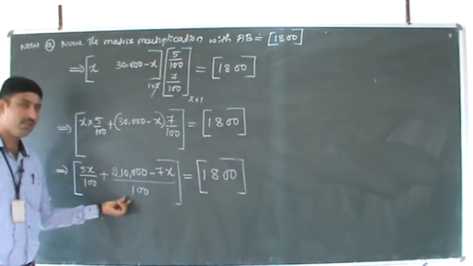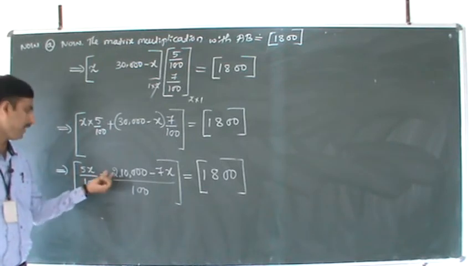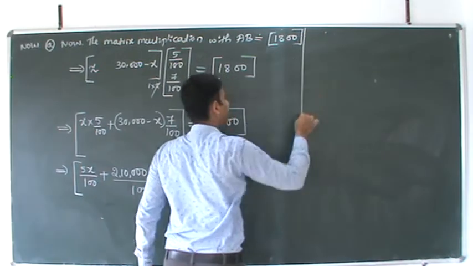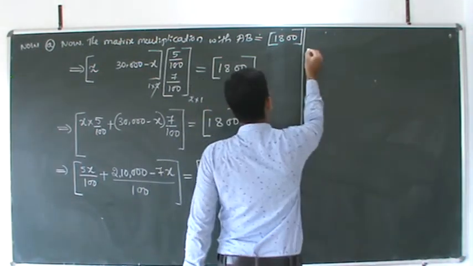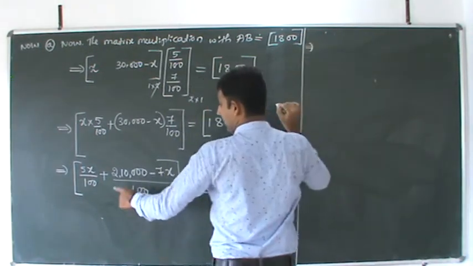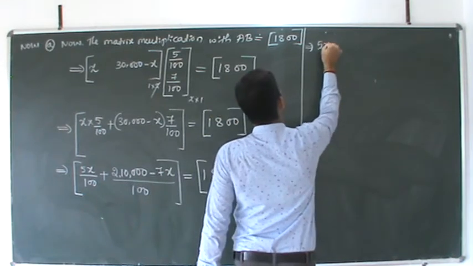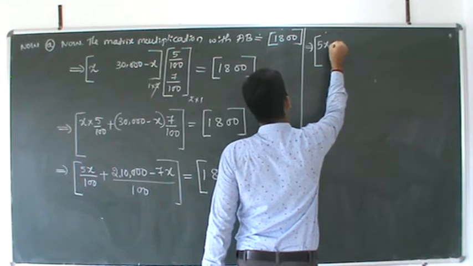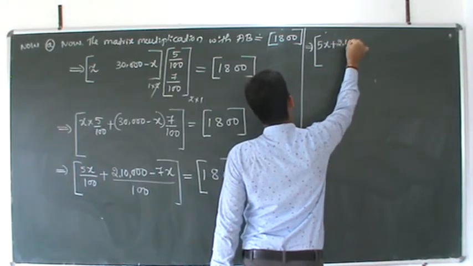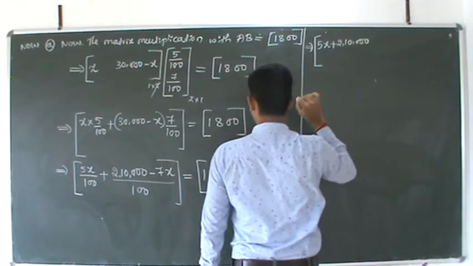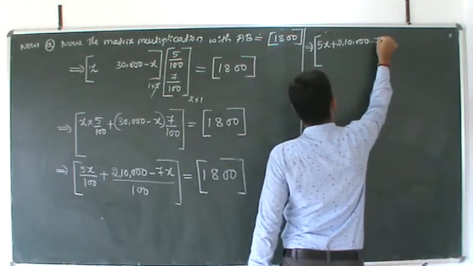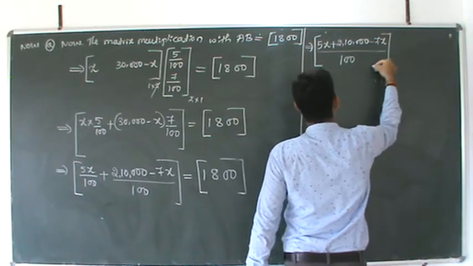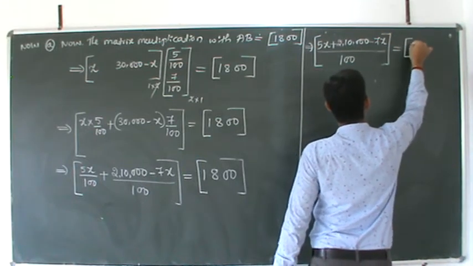And the denominators are same, so you add the numerators, which implies 5X plus 2,10,000 minus 7X, whole divided by 100, which is equal to 1800.